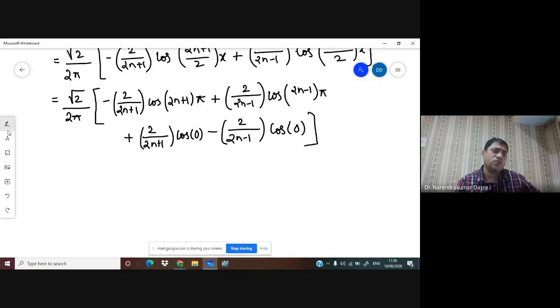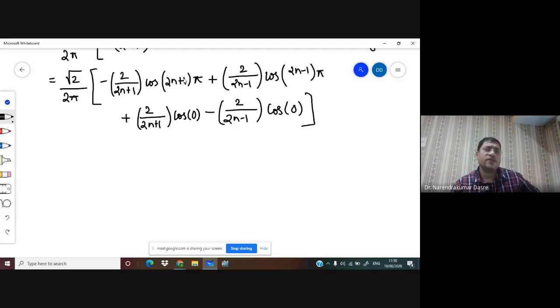Okay. So one thing you need to understand here, whether it is cos of (2n+1) or cos of (2n-1), anyhow this term 2n plus 1 and 2n minus 1 will be an odd term, and hence the value of cos is going to be minus 1.